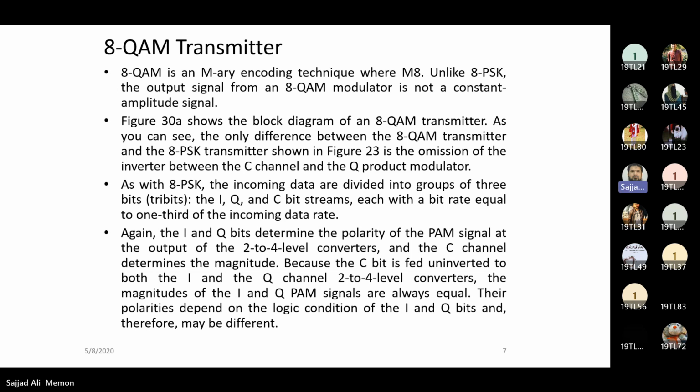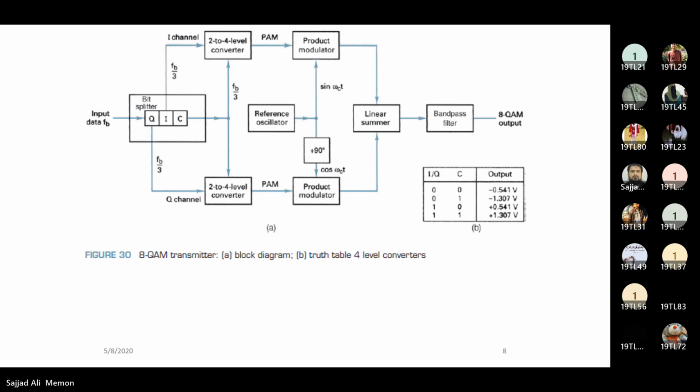Figure 30A shows the block diagram of an 8QAM transmitter. Let's see the figure. So that is the 8QAM transmitter where you can see its block diagram, truth table, and 2-to-4 level converter. So 8QAM means 2 power 3. That means 3 bits at a time.